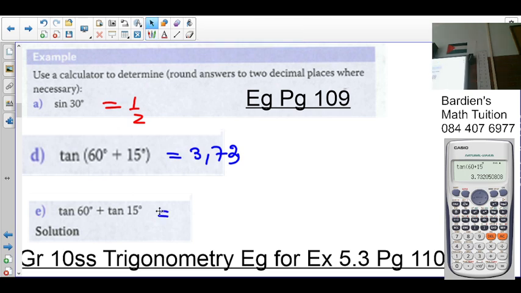We got 10 sine 60 plus 10 sine 15. Well, don't waste your time.